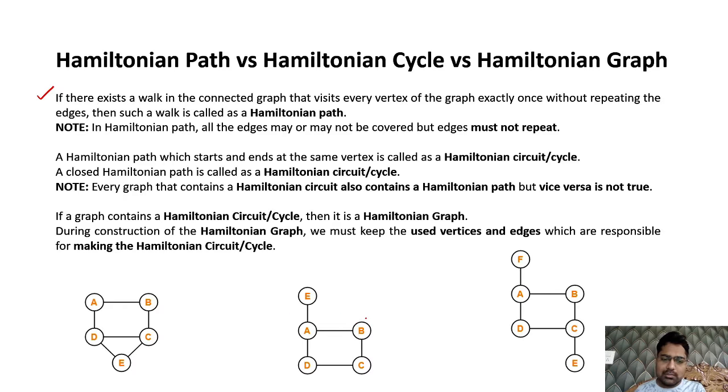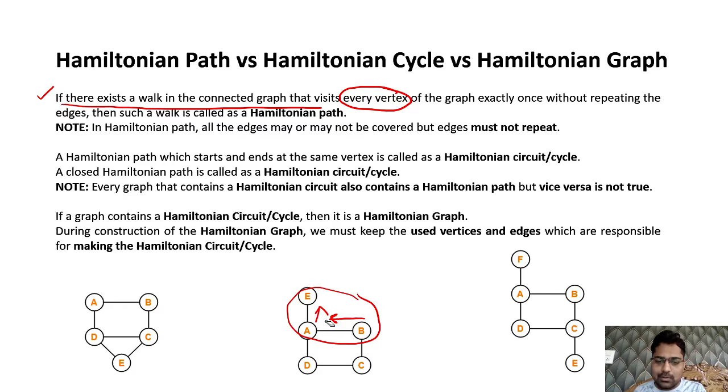You can start the same example from B, clear, then B is stuck at A. Suppose B towards A, here we stopped at E. So this is a Hamiltonian path also, but the problem is whether there exists a walk in the connected graph that visits every vertex, covering all the vertices, yes or no?